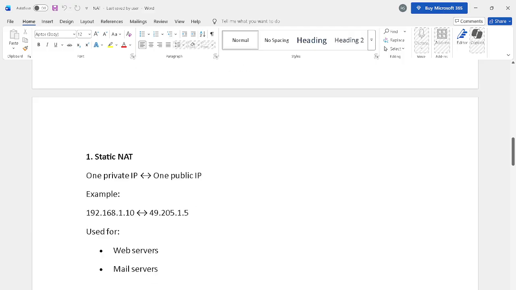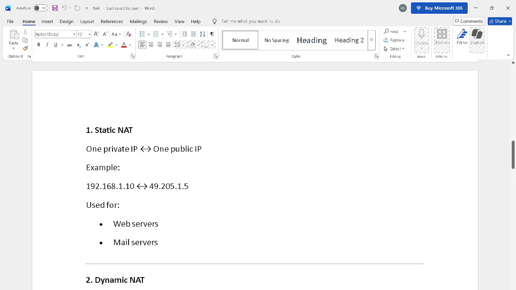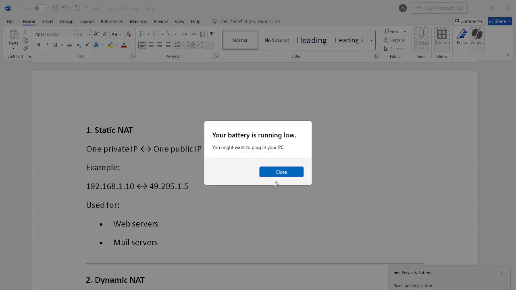Types of NAT. Static NAT: one private IP to one public IP. Static NAT is like that, as in the example we discussed before. Each private IP is mapped to its own public IP. This is one private IP assigned to one public IP.